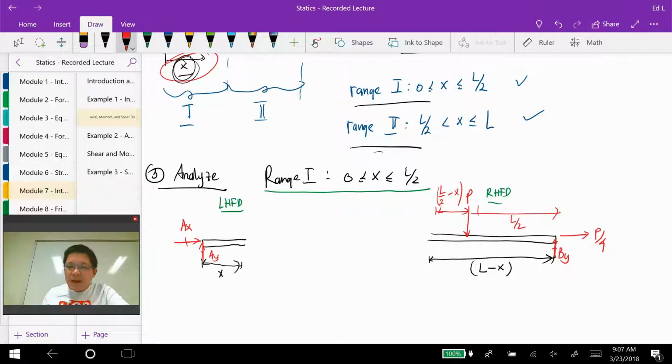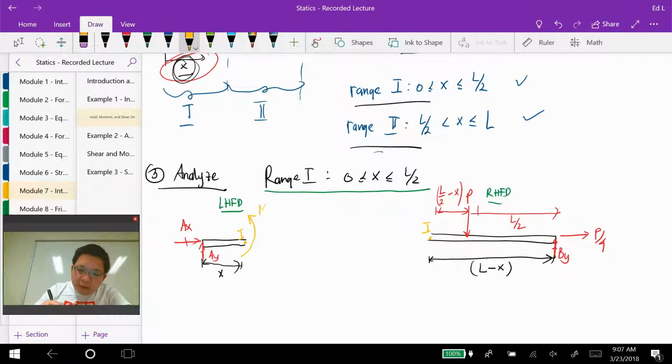The free body diagram is almost complete, and let's label this point as cut 1.